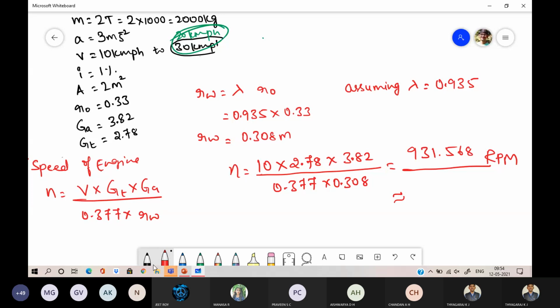So you will get 914.5. So we will convert it to 915 RPM. Okay, this completes the problem.